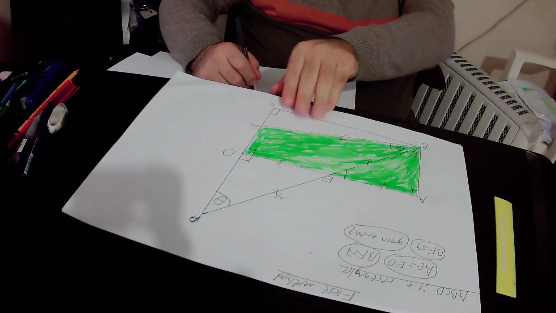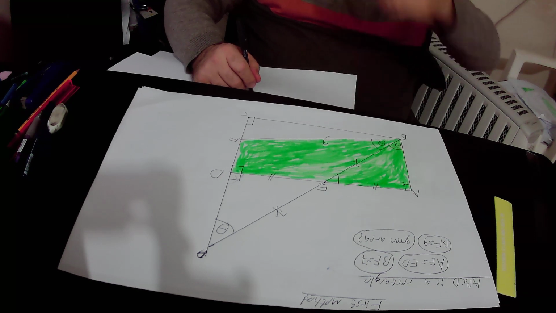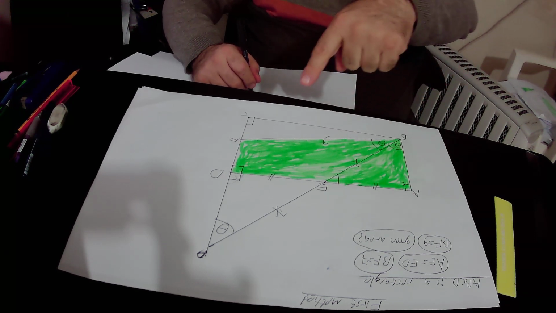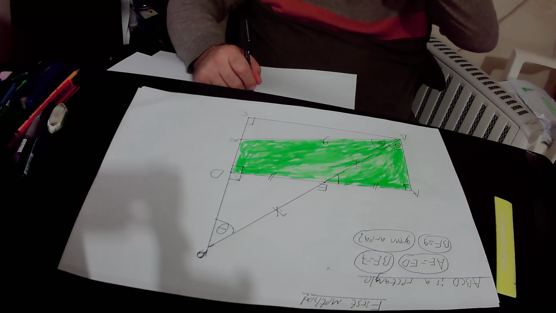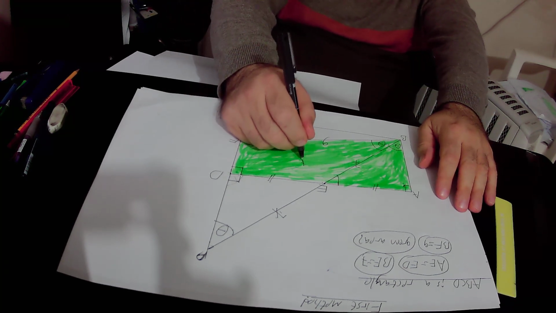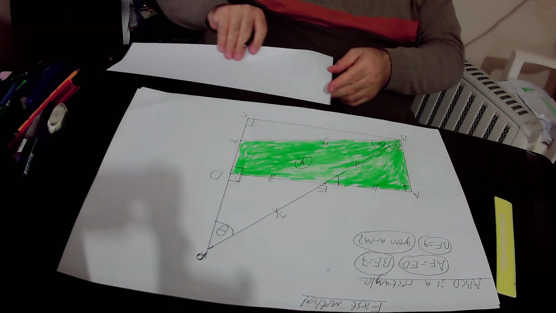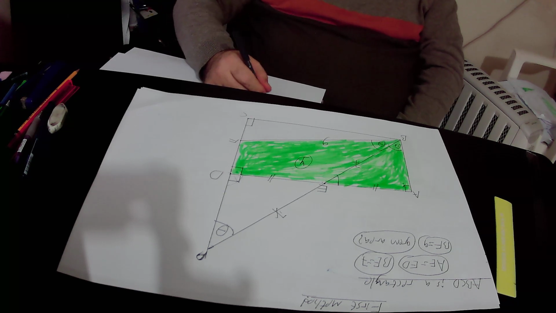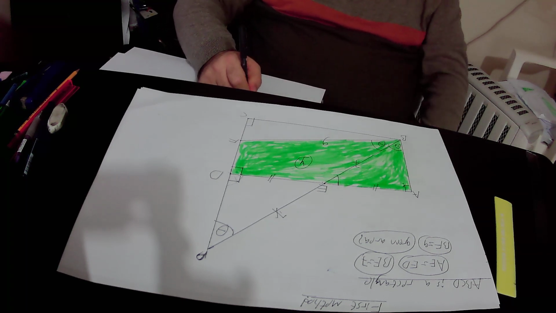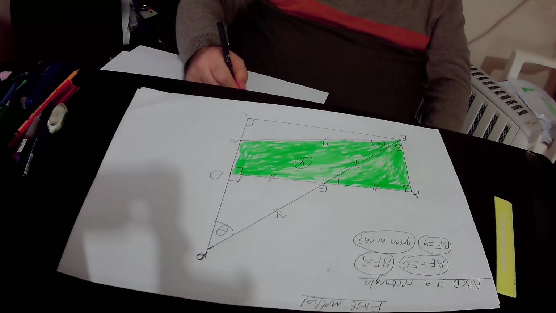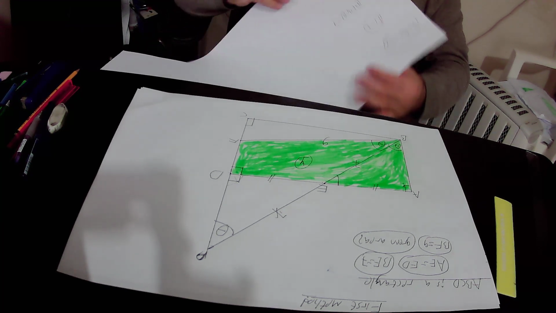And in the next step, we define the area of quadrilateral EBFD as y.